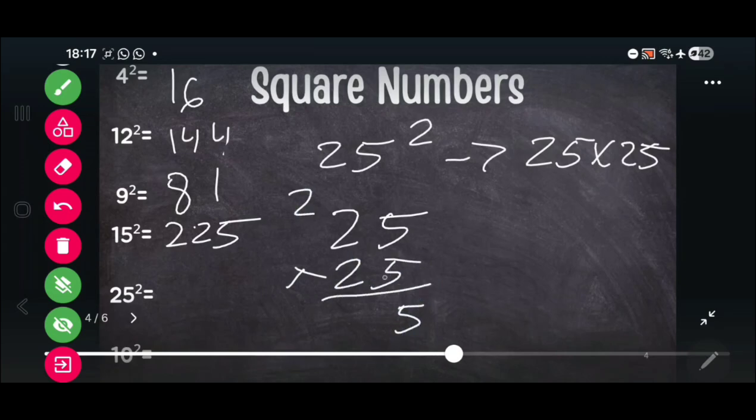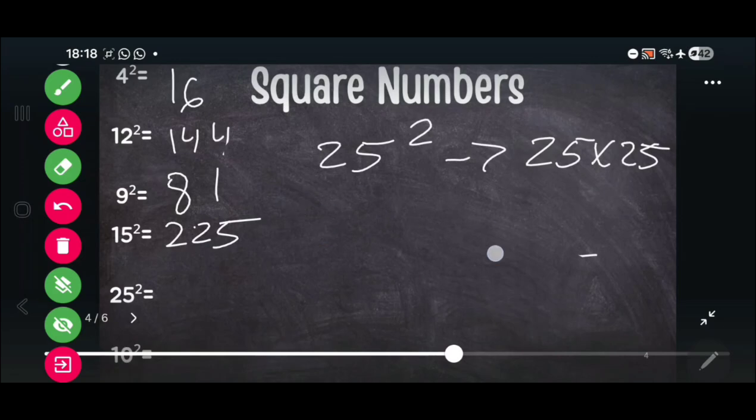Put our 2 here. 2 times 5 would be 10, add the 2 would be 12. Then we put a 0 here. 2 times 5 would be 10, 1 here, 4 and 5. Now let's add that together. You get 5, 2, 6, and we get 625. Let's write our answer there. If you got that correct, please write that in the comment section below.